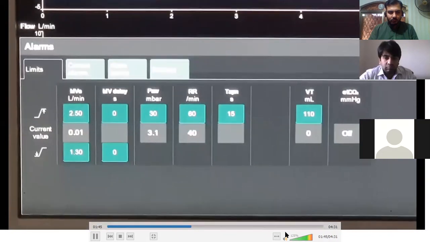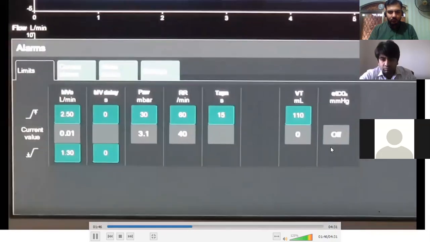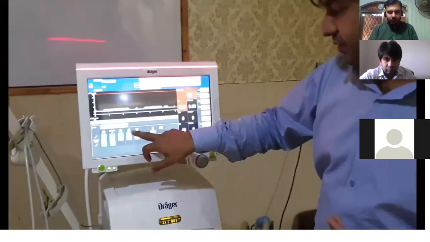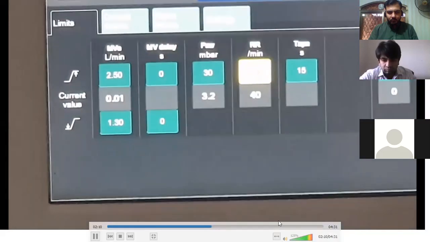According to the ventilator setting and ventilator alarm setting, the alarm will start to beep. For example, we have said that the maximum respiratory rate of a child would be 80 per minute. So we will click on this, per minute.